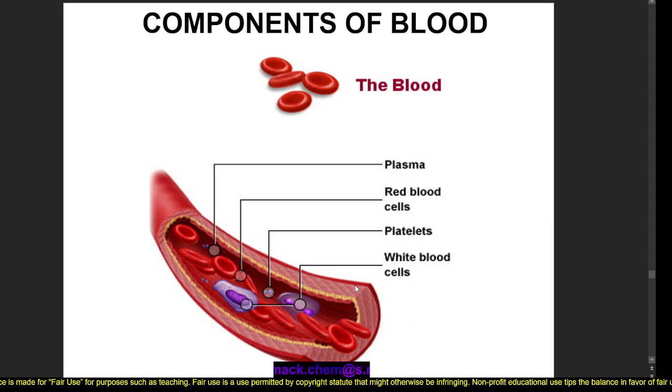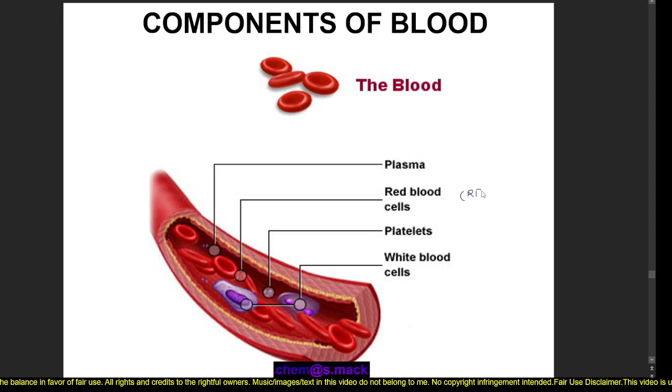And as seen on the screen, the four major components would be a substance called plasma. There's another substance called red blood cells. Sometimes it's referred to as RBC, right?